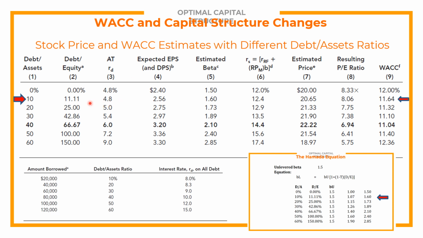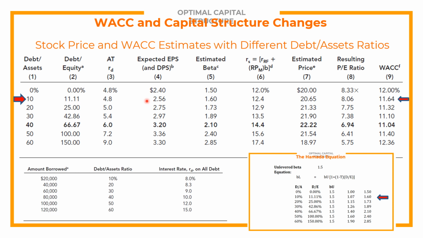For the debt, the interest rate on the 20,000 borrowing is 8%, so the after-tax rate would be 4.8%. This will be used in our WACC. Now our expected earnings per share: our EBIT is constant at 40,000.